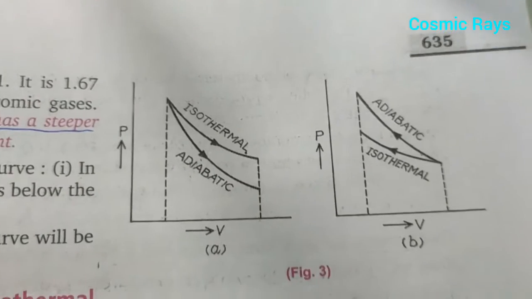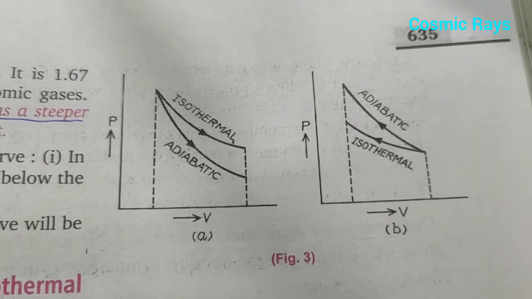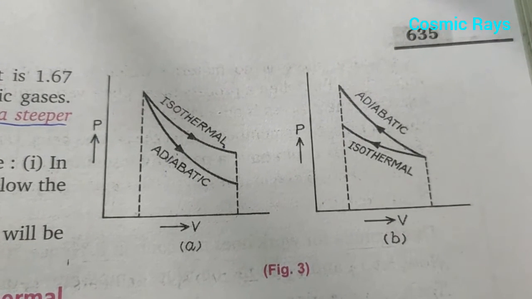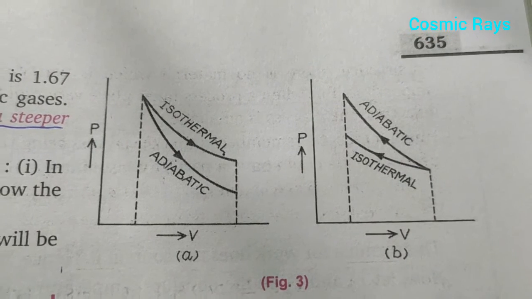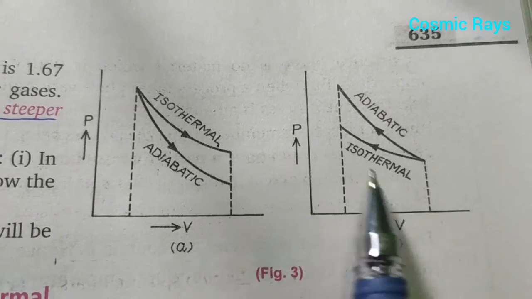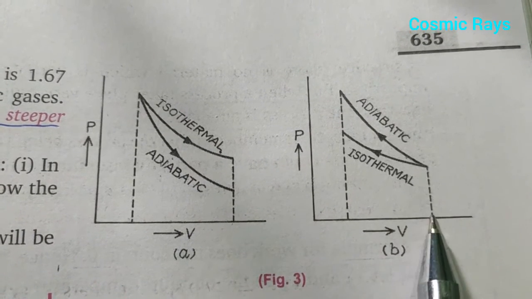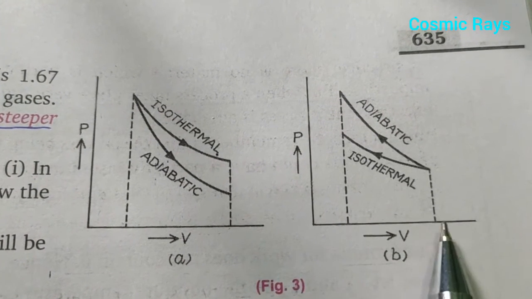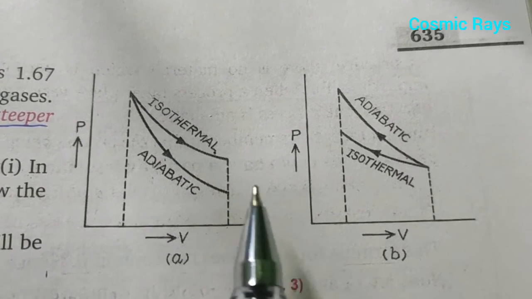So for this ratio we have to remember that the value of gamma will always be greater than 1, and the adiabatic curve, if you look at these two graphs, this is the graph for expansion and this is the graph for compression, because the volume is reducing here, and here it's expansion because the volume is increasing.